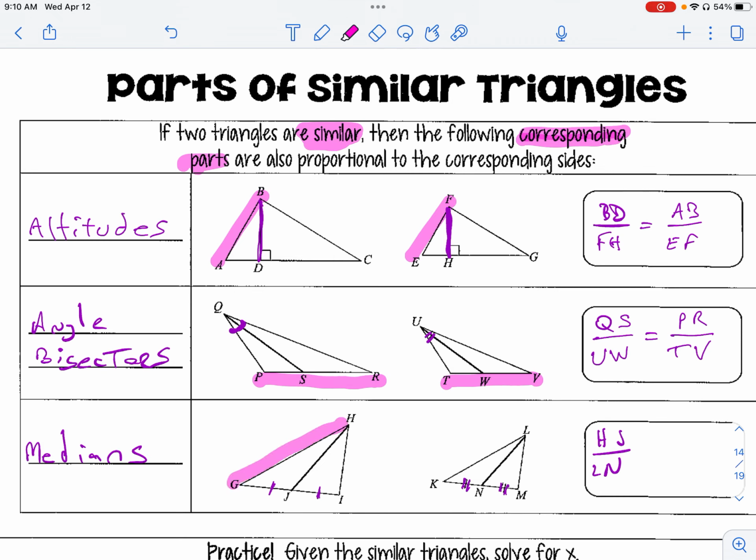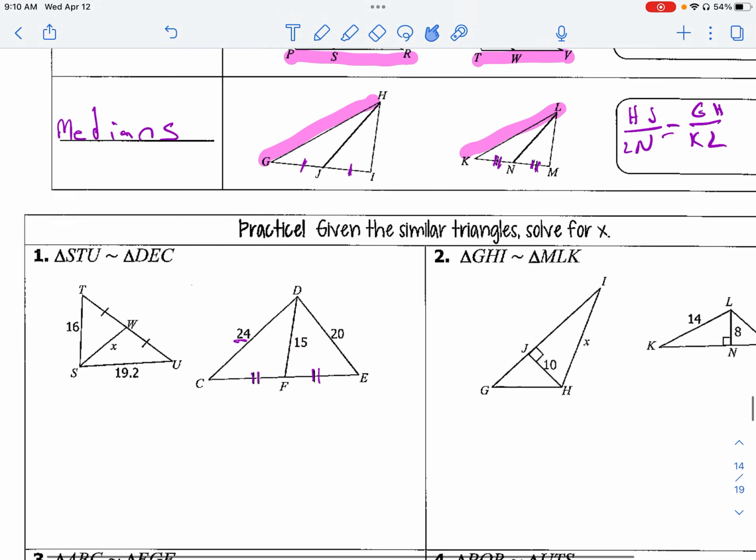And then we pick a corresponding side that it's equal to, so GH over KL. So this is a powerful tool, lets us measure a lot more stuff in triangles given limited information. So let's look at some examples.